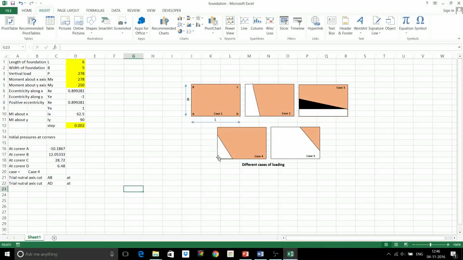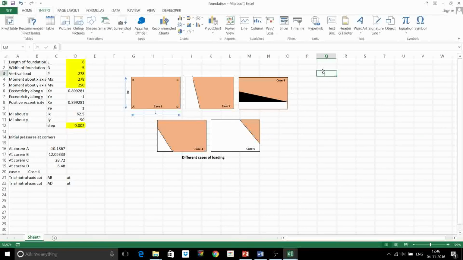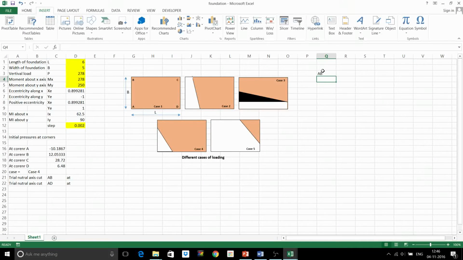Now I have to find out where this NA is cutting the sides of the foundation. First of all, I will prepare a table over here for interpolation. AB, AC, and lengths are B, L, sorry.